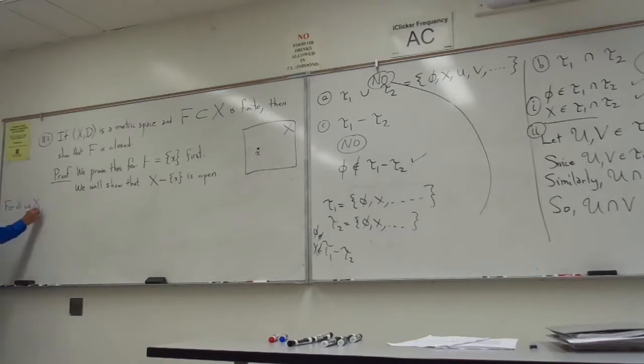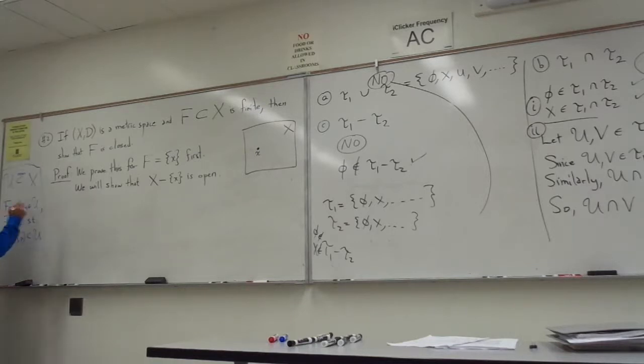So this is for U open in X. What you mean is: for all y in U, there exists a p greater than 0 such that the neighborhood is contained in U. This is a nice reminder of a very important definition in a metric space: this is what an open set is. Of course, in chapter 3, an open set is just anything in tau, in the topology.